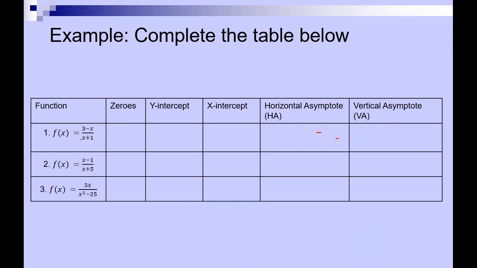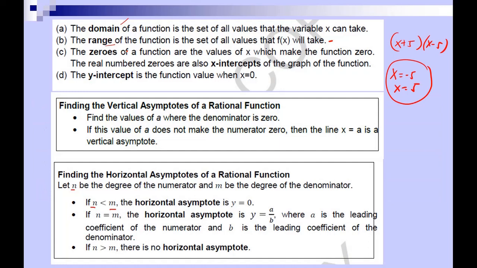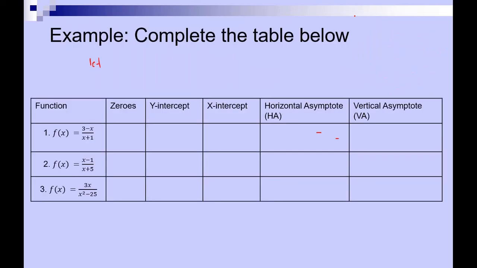For example, 3: f of x is equal to 3 minus x over x plus 1. So, our zeros are simply, the zeros of a function are values of x which make the function 0. So, we let f of x be equal to 0.